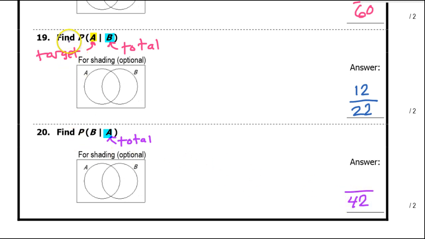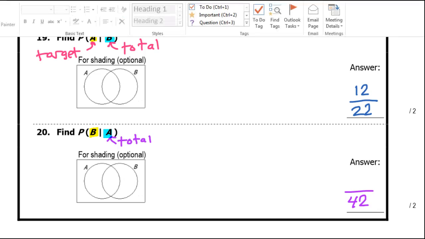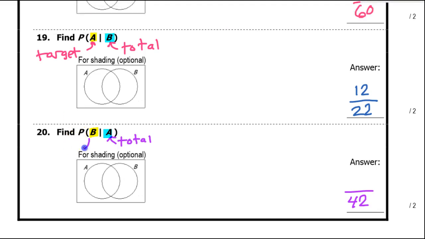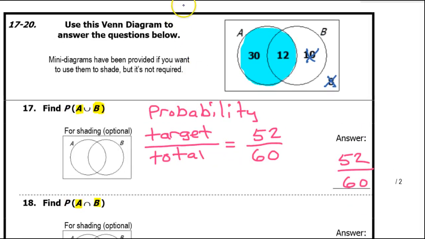Now, how about the target? Well, the target is the other set. Set B is the target. So let's look up and see what set B is.